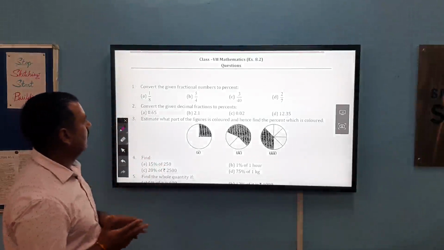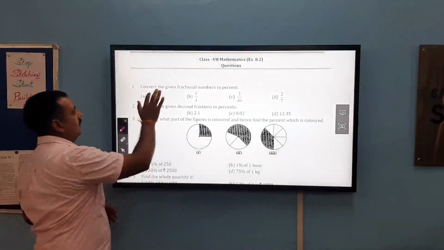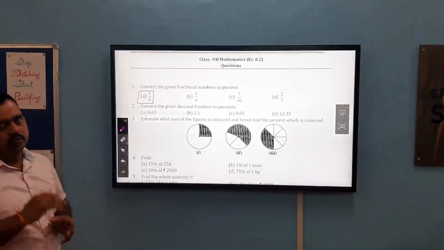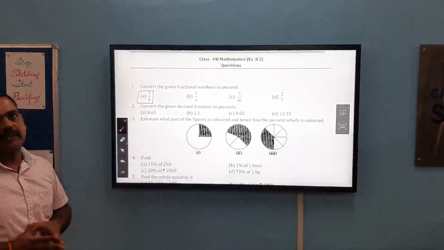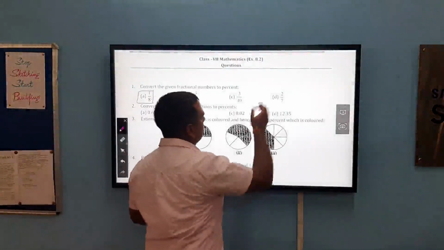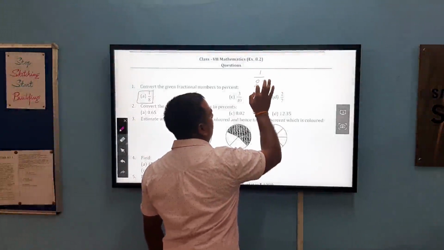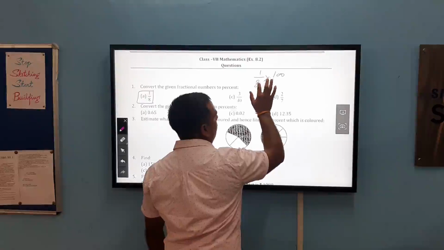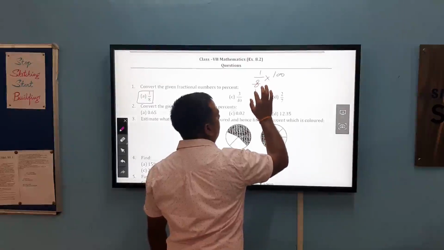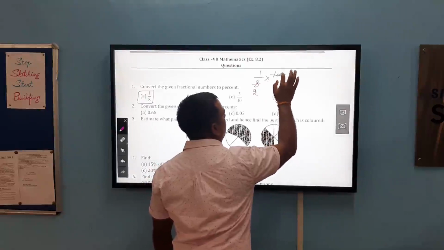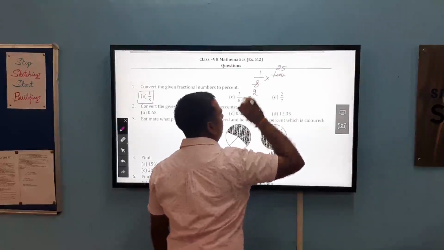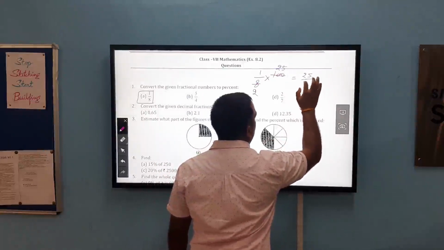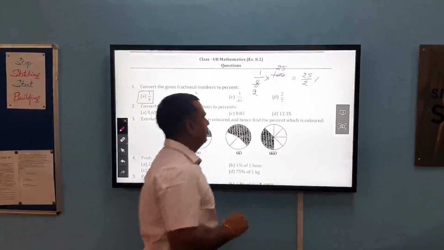So if we want to convert the fraction 1 upon 8 into percentage, we multiply 1 upon 8 with the 100. 1 upon 8 multiplied by 100. 4 twos are 8, 4 twenty-fives are 100, so it becomes 25 upon 2 percentage.